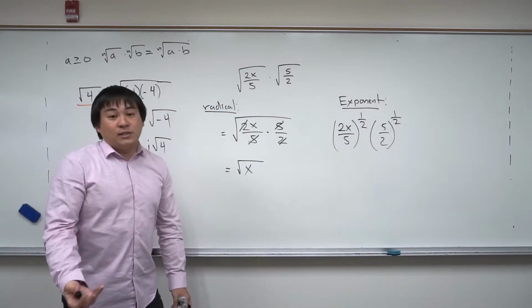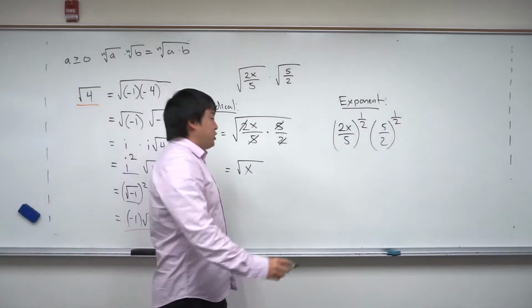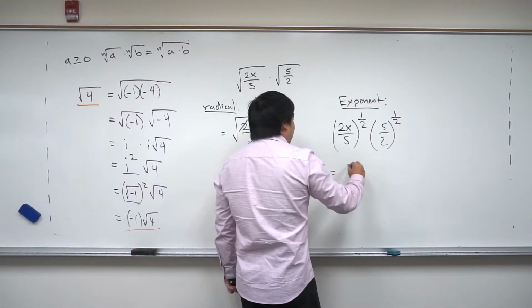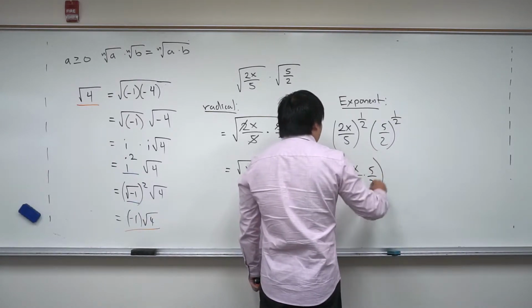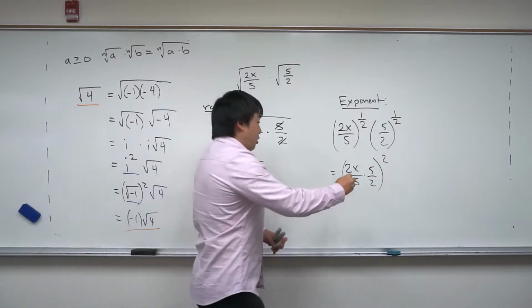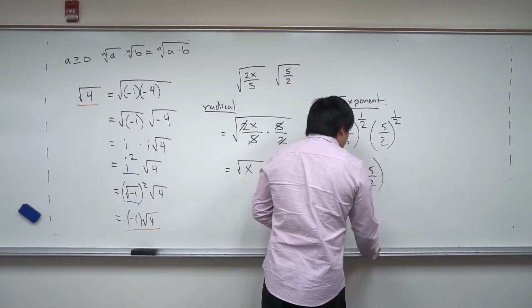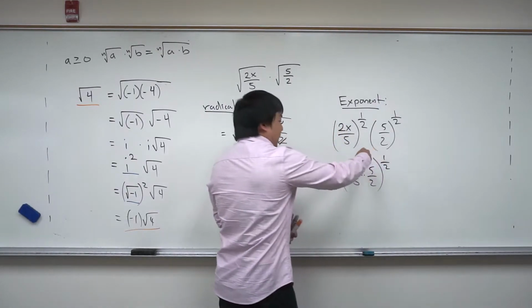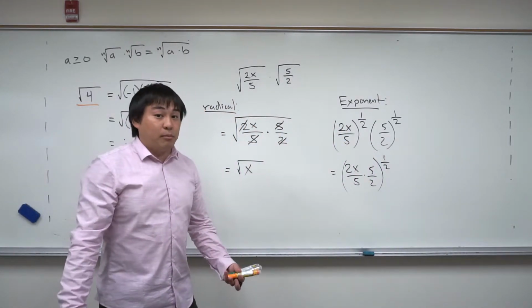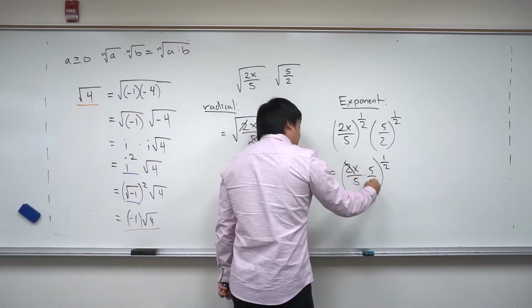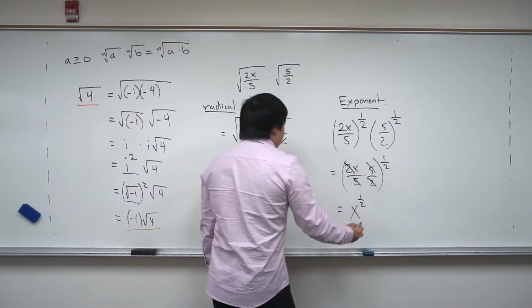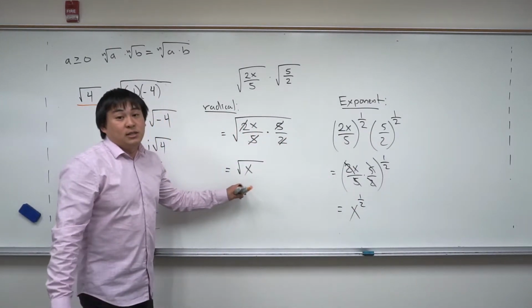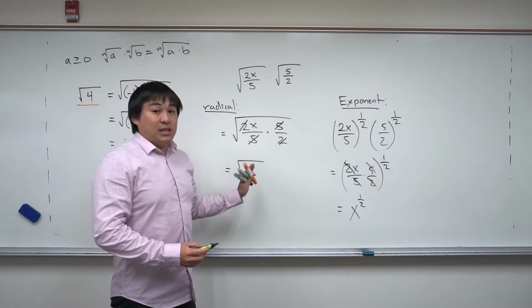But we know our exponent rules distribute under multiplication. So we get (2x over 5 times 5 over 2) all to the half power, because the half will distribute to each part of that product. These 2s cancel, these 5s cancel, and you're left with x to the half, which again is the square root of x. So they both give you the same answer.